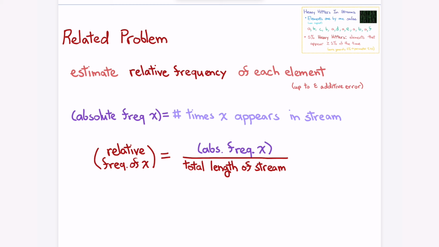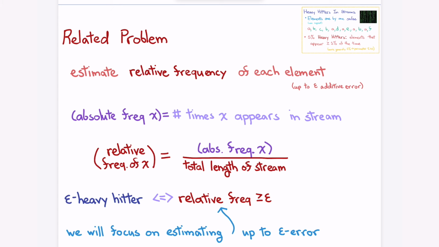Not supposed to be too complicated. So an element is an epsilon heavy hitter if and only if the relative frequency is at least epsilon.